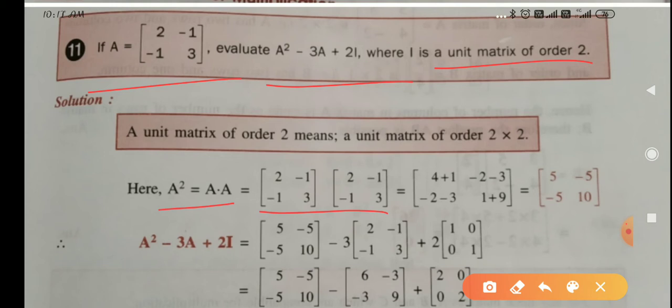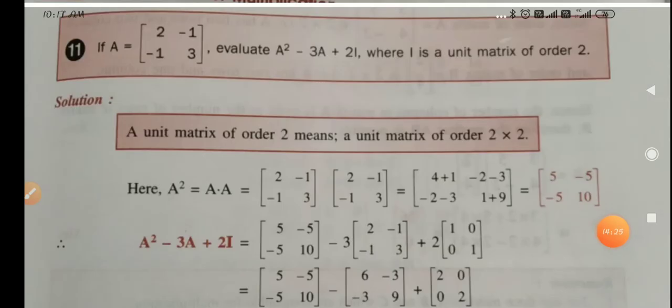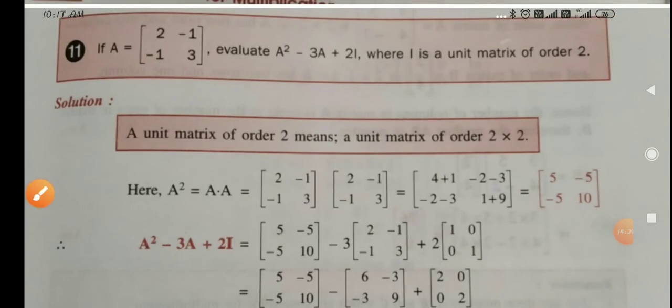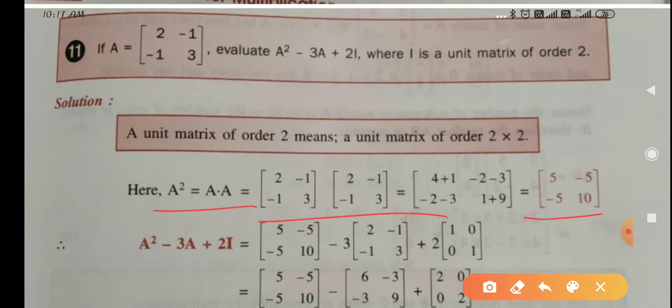Now you can do A square multiplied by A. So it is coming 5, minus 5, minus 5, 10. Now you can put the A square value, the A value, and I is an identity matrix of order 2, so 2 into 1, 0, 0, 1.